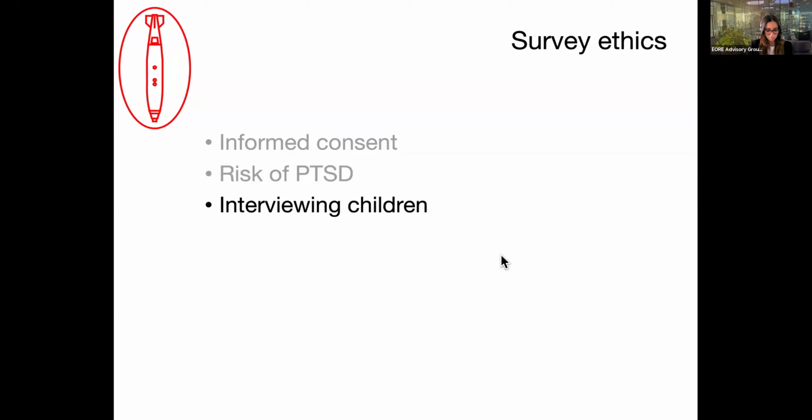And there's also an ethical question about interviewing children. Interviewing children is possible, specialist organizations do it all the time, but we probably aren't training data gatherers to that degree of skill. So my advice is to interview young adults who had their accidents as children.